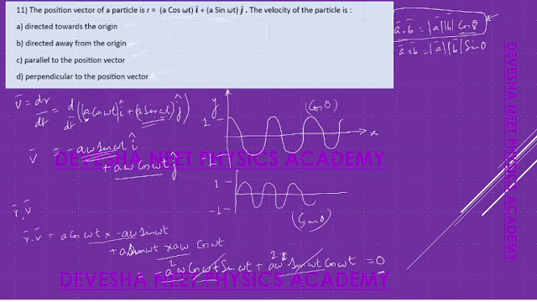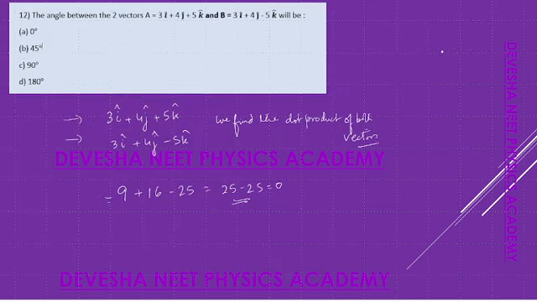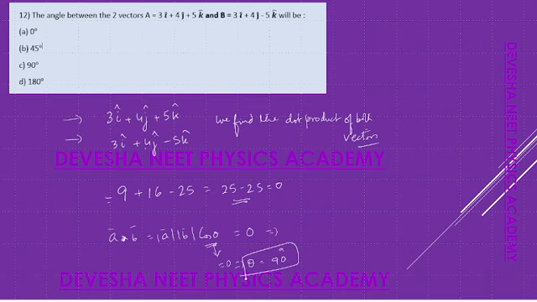If the dot product is equal to 0, it means a dot b is equal to |a||b| cos theta is equal to 0. Because a and b are not 0, the cos theta has to be equal to 0. It means that theta is equal to 90 degrees. The answer will be C.